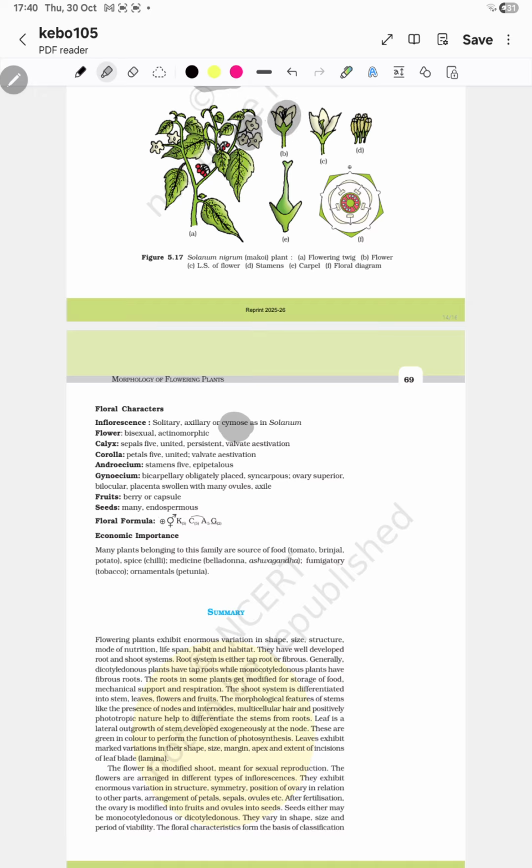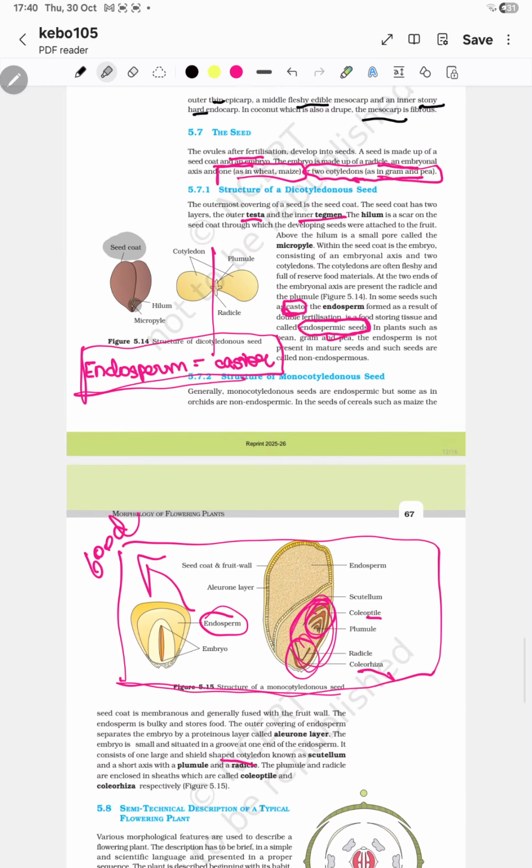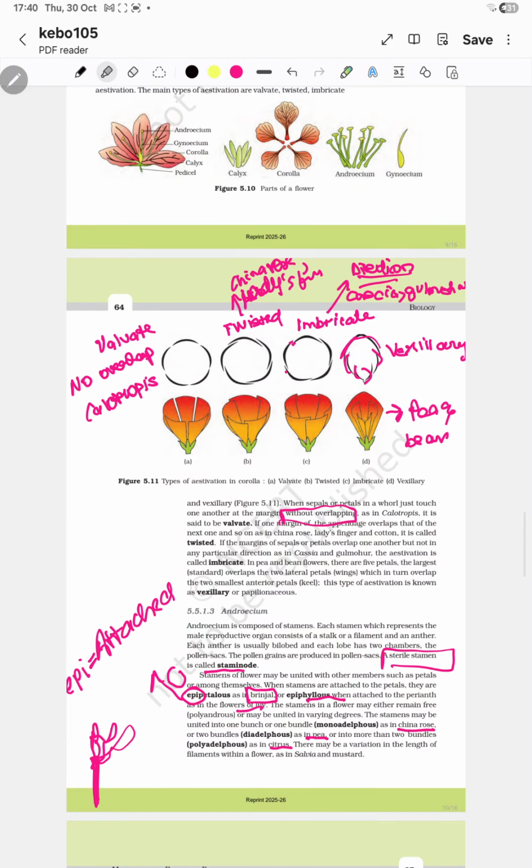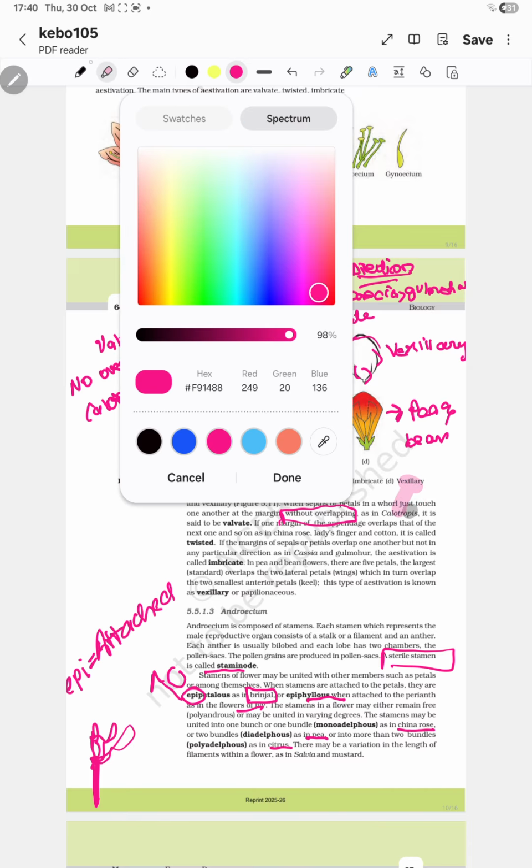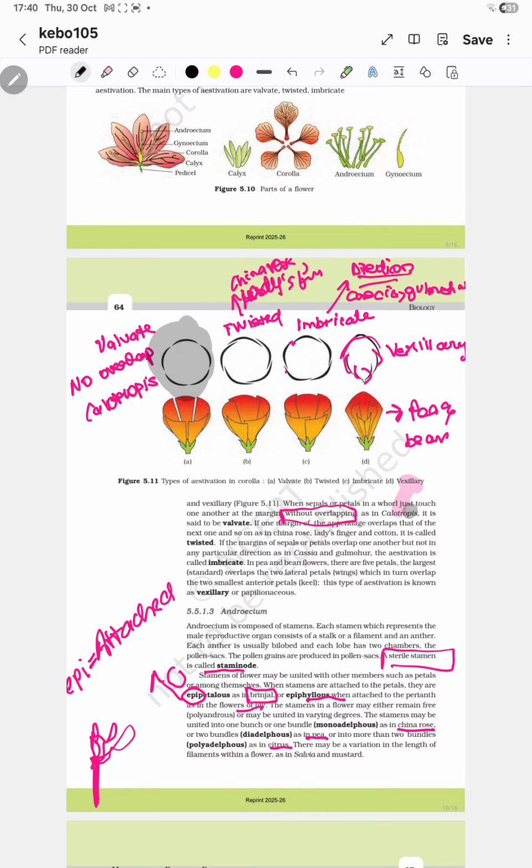It has 5 bisexual and actinomorphic, 5 united persistent sepals with valvate aestivation. So another example we can add here, Calotropis as well as Solanaceae.